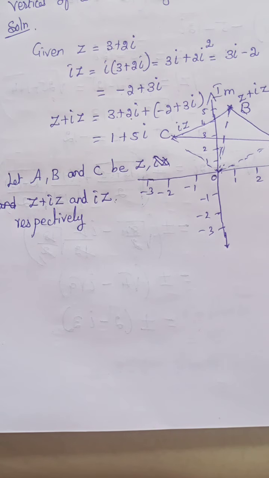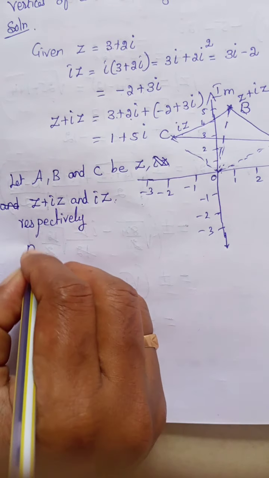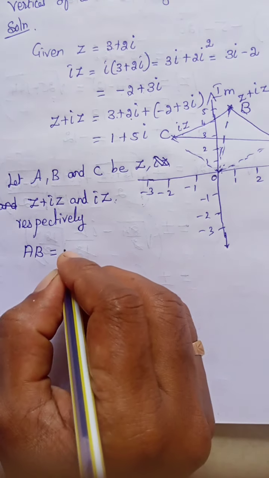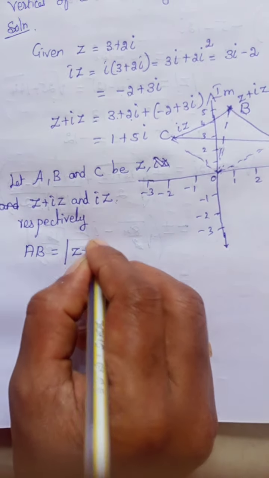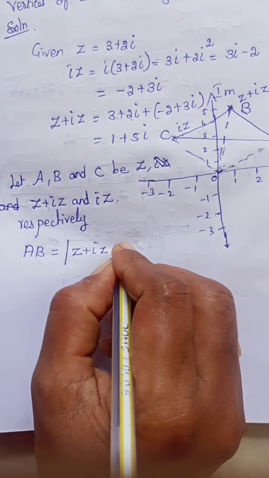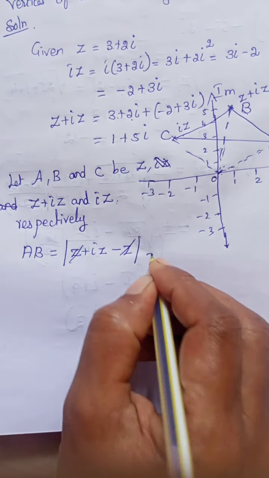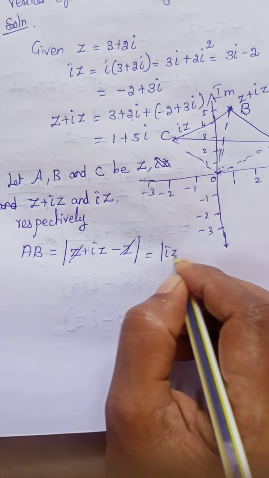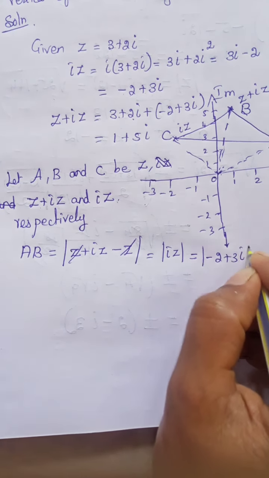Now we should find out the distance between all the vertices. AB means we know that B is Z plus iZ minus A, where the value of A is Z. So only iZ remains, whose value we know is minus 2 plus 3i.